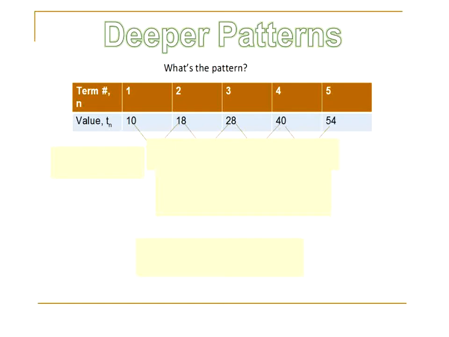So let's take a look at some deeper patterns now. If we have this pattern 10, 18, 28, 40, 54, your first inkling is to find the common difference by subtracting, and that doesn't look like it's common. But of course, if you investigate this pattern a little bit, you'll see that in this first level of difference, there is a pattern, and the common difference of the first level of difference is 2.